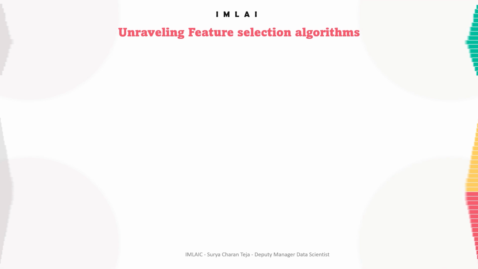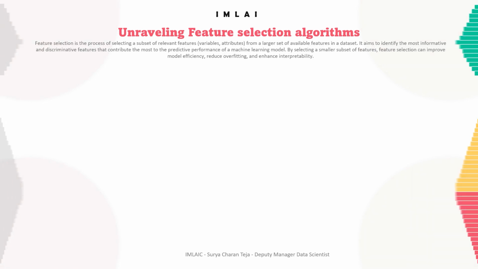It aims to identify the most informative and discriminative features that contribute the most to the predictive performance of a machine learning model. By selecting a smaller subset of features, feature selection can improve model efficiency, reduce overfitting, and enhance interpretability.